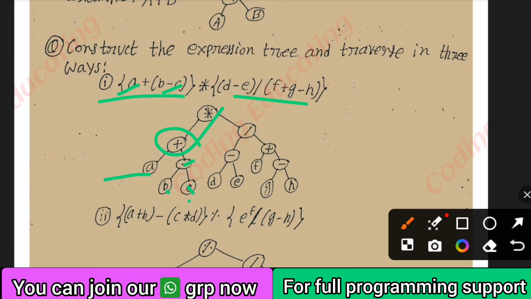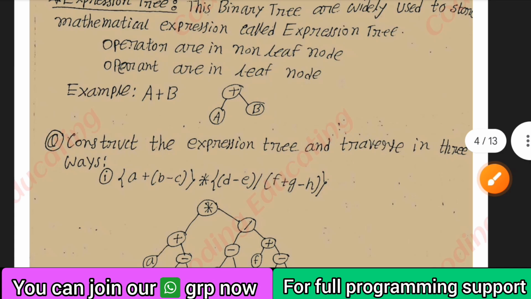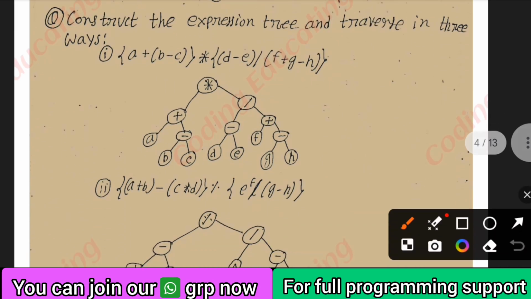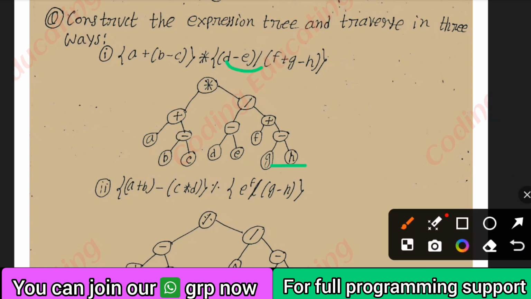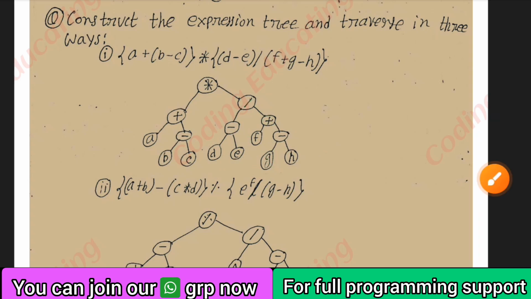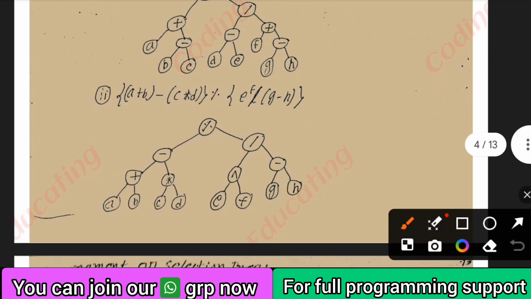Okay, operators will be in non-leaf nodes and operands will be in leaf nodes. So all operands are in leaf nodes. Then d and t in leaf nodes, g and h in leaf nodes, f in a leaf node, and operators will be in non-leaf nodes. This is very easy. And the second example you can also do on your own.